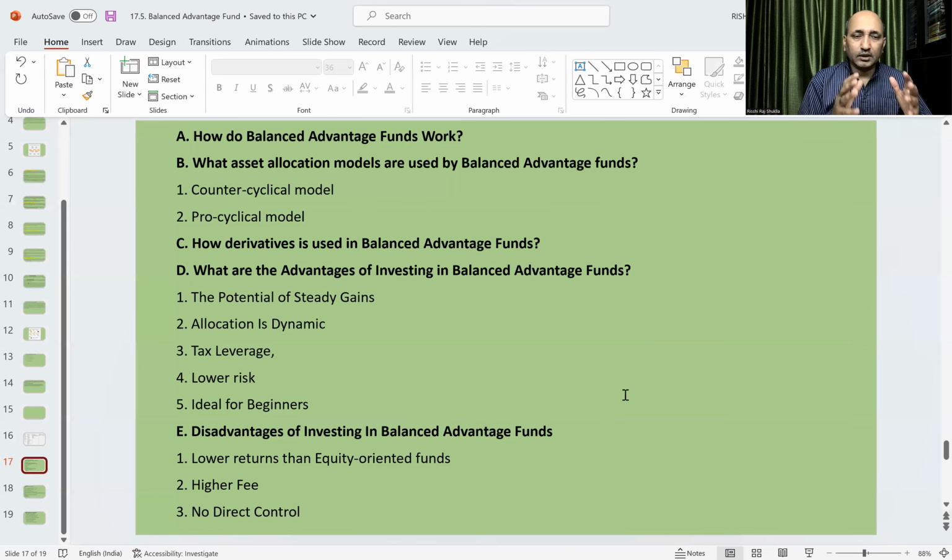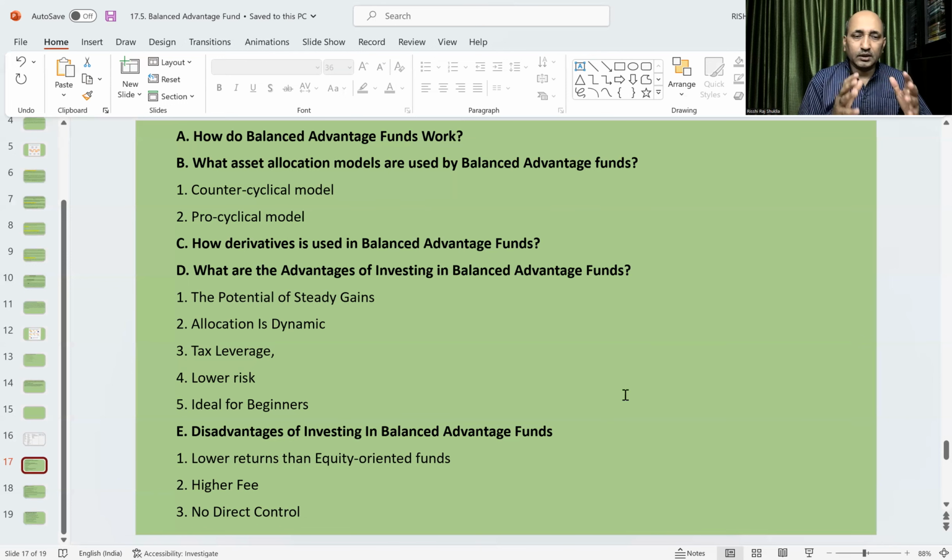Of course, there are some disadvantages of balanced advantage fund, which are like lower returns than equity oriented funds. If any scheme or all equity oriented schemes provide more return, of course, there are chances of negative returns for some time.